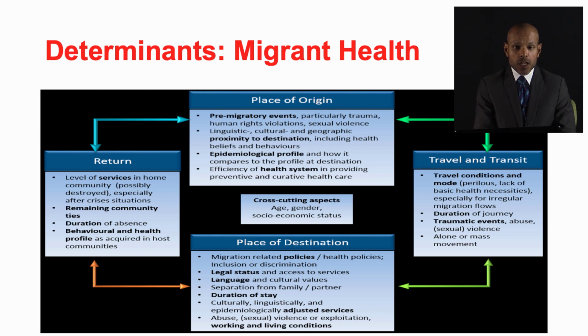As they return to their country of origin, there may be some stress, anxiety, conflict, a loss of opportunities, which can also impact their health and well-being. So different phases in the life cycle of a refugee and a migrant, from the place of origin to the travel, the destination, possibly even the return. There are health issues involved in each and every one of these phases.